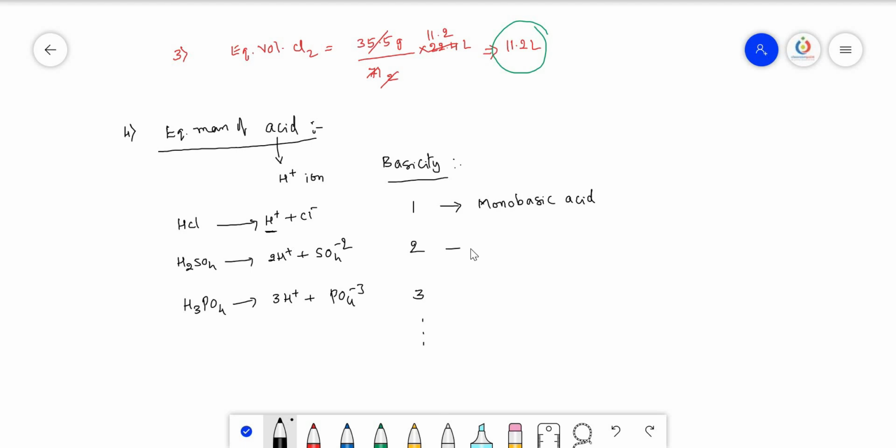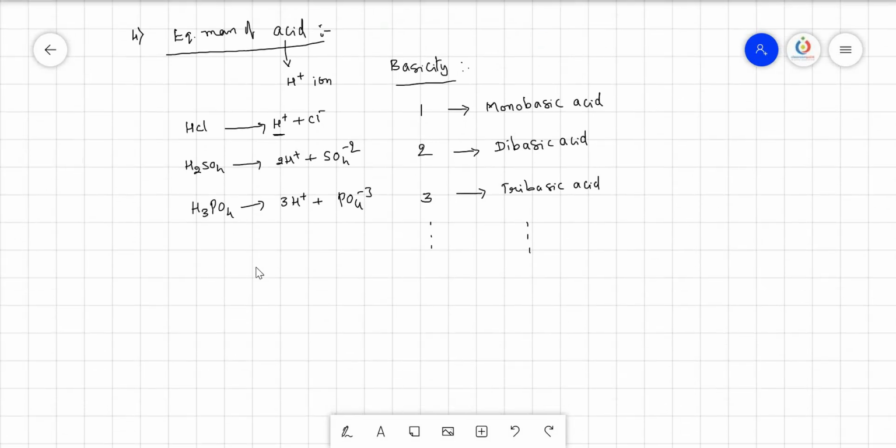If the basicity is 2, it is called a dibasic acid. If basicity is 3, it is called a tribasic acid, and so on.